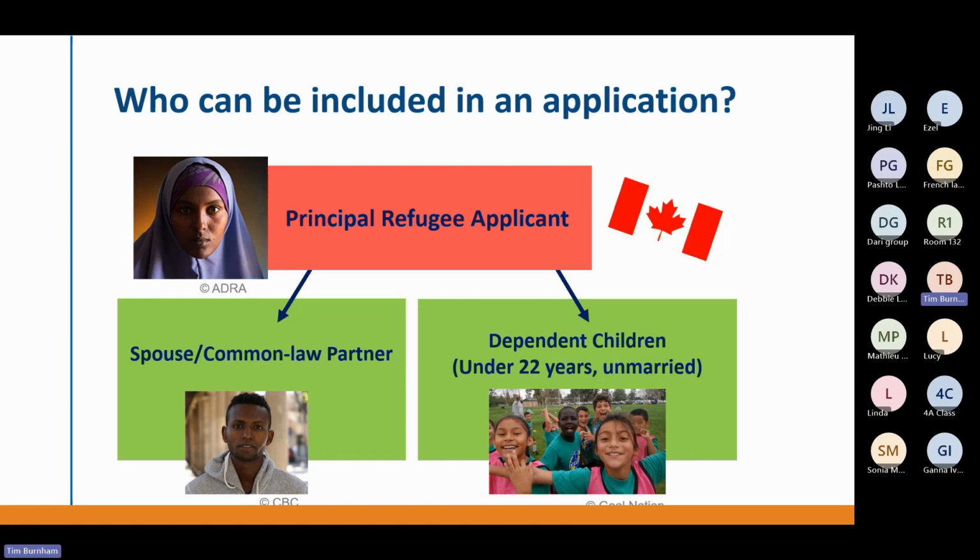That means their spouse or common law partner and all of their children who are under 22 years old. So when you want to sponsor someone, they have to be a refugee, and then they can be sponsored with their spouse and their children, all on the same application.